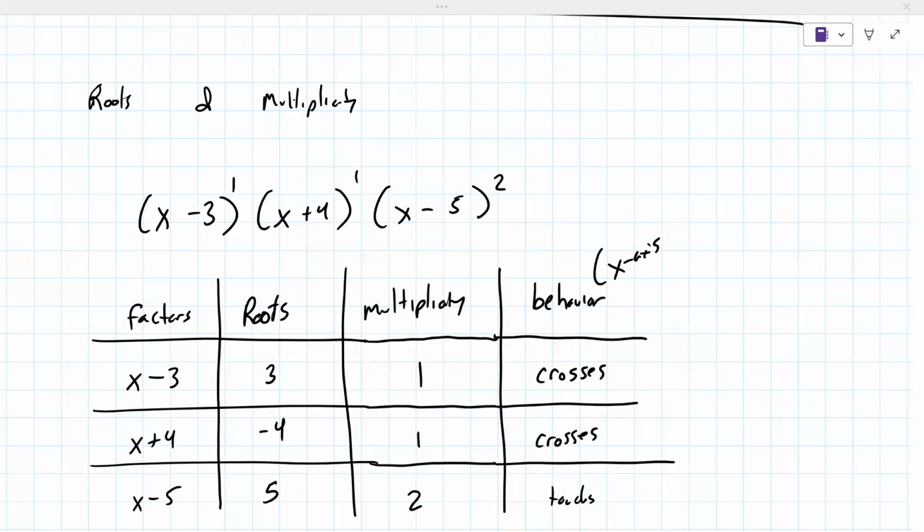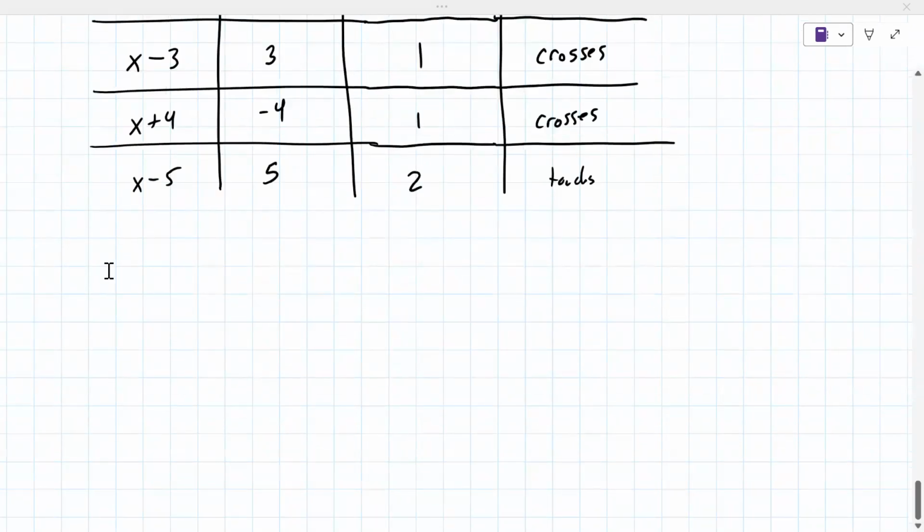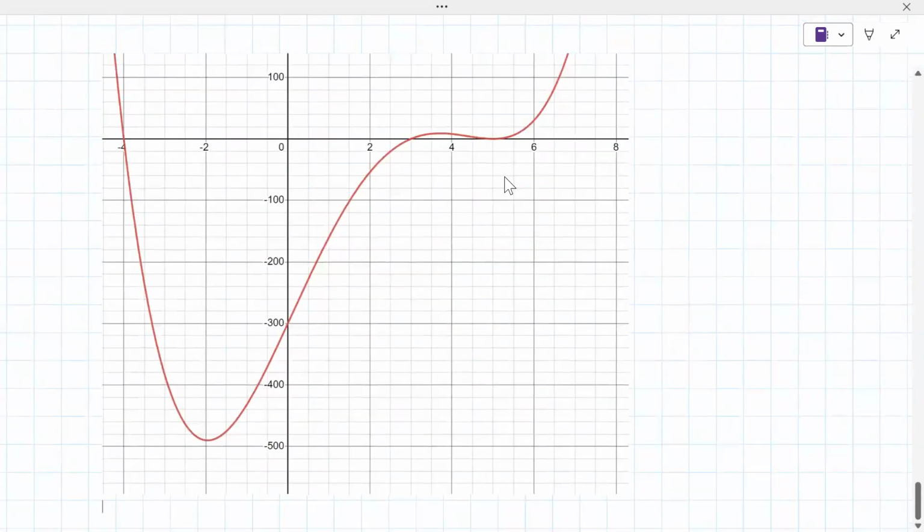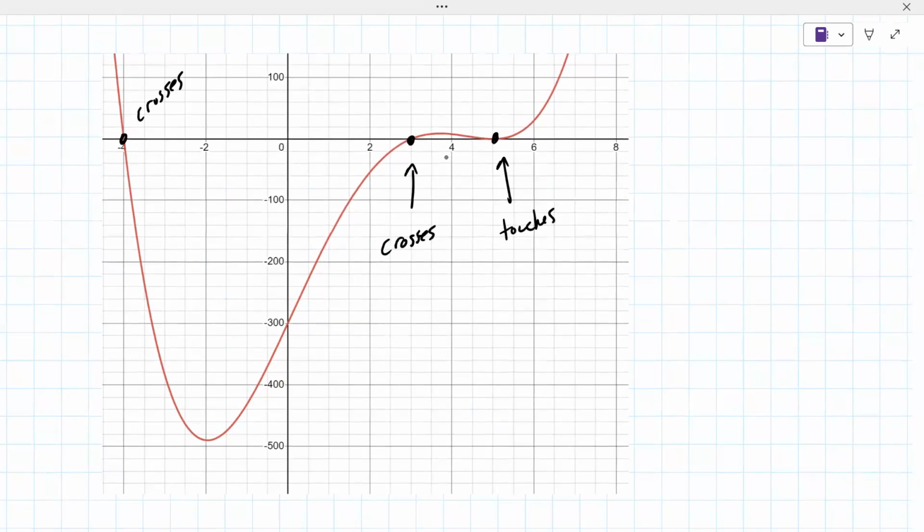When I say crosses at 3, this is 3. That's what I mean by crosses. When I said crosses at negative 4, that's what I mean by that. At 5, it touches. Is that kind of clear? What I mean by the word cross and touch?